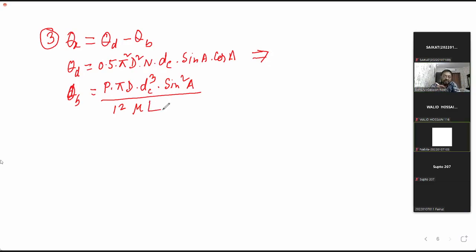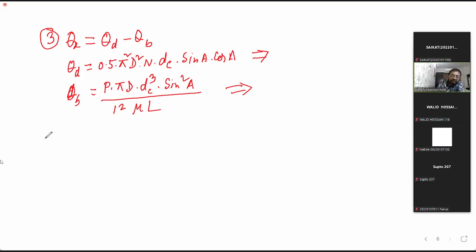Okay. Now see, P is known to us, D is known to us, DC is known to us, A is known to us, mu is known to us, L is known to us. So this value we can calculate. So that means QD and QB may be calculated by using the formula. And if QD and QB are known to us, QX is known to us.